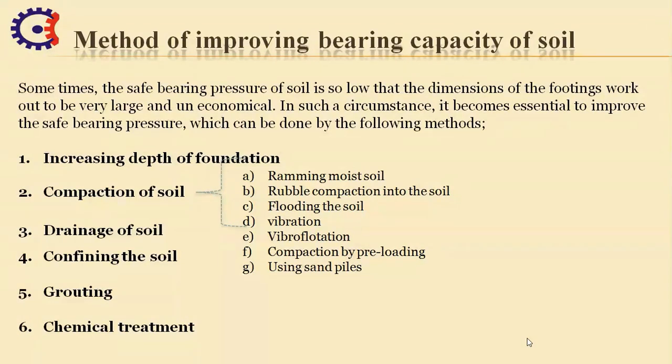We are importantly focused on methods of improving bearing capacity of soil. Sometimes the safe bearing pressure of soil is so low that the dimensions of the footing work out to be very large and uneconomical. In such circumstances, it becomes essential to improve the safe bearing pressure, which can be done by the following methods.